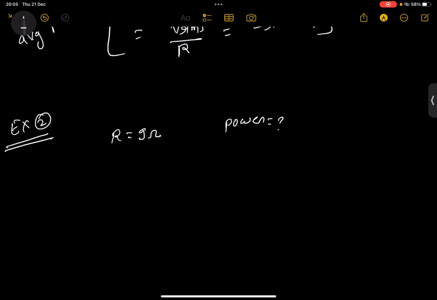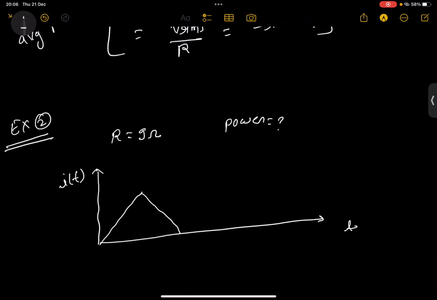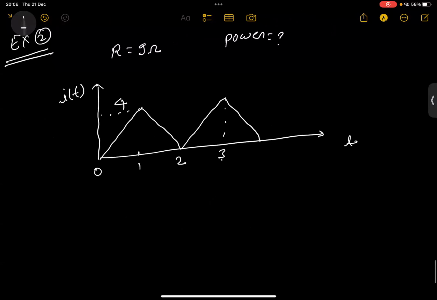First, draw the waveform of current i(t), a triangular wave. The highest peak is 4, with a time interval of 0 to 2.